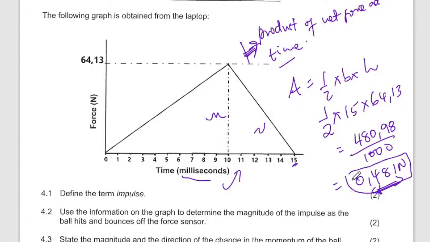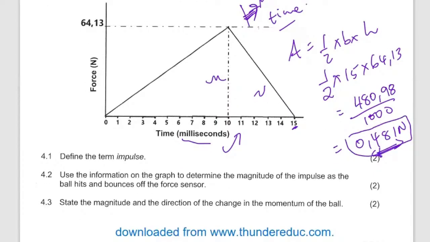So this 0.48, since it's positive, we're going to take it as upwards. But then, what is the question asking for? The magnitude and direction. So 0.481 newton-seconds upwards. It's upwards positive.